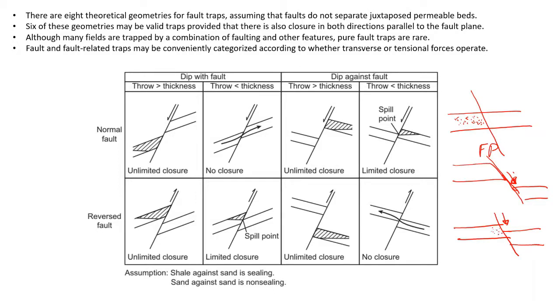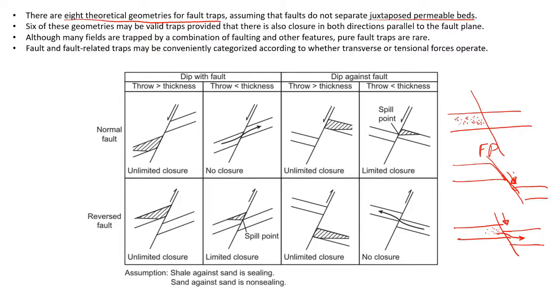So all these hydrocarbons may easily migrate from here because the fault plane is also a plane of weakness. So it may allow the migration of this hydrocarbon to the other part, the downthrown side, because it is a porous and permeable rock. So closure becomes very, very important. There are 8 theoretical geometries for fault traps, assuming that the faults do not separate the juxtaposed permeable beds.